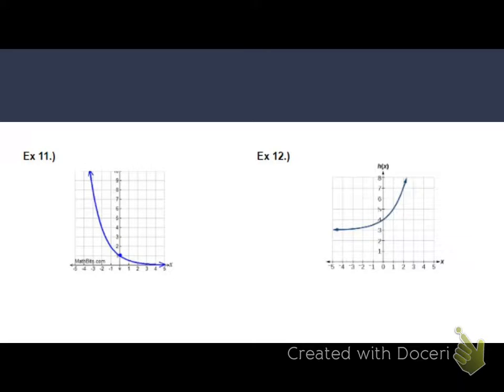We could identify points and try to calculate our B value, but we should be able to just do this by looking at them. And you should always read your graphs from left to right. So from left to right, does it seem like our Y values are increasing or decreasing? Decreasing. Decreasing, so this we would call decay.